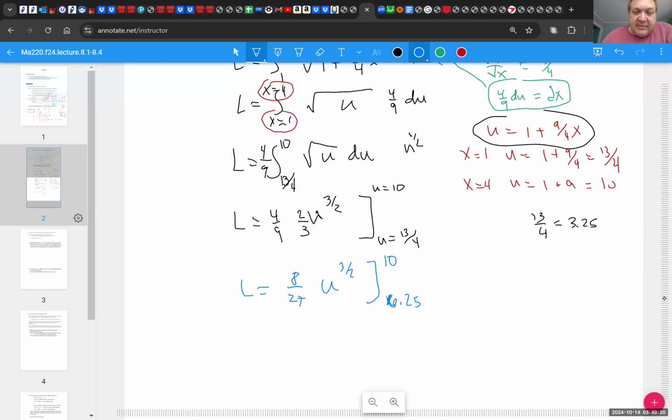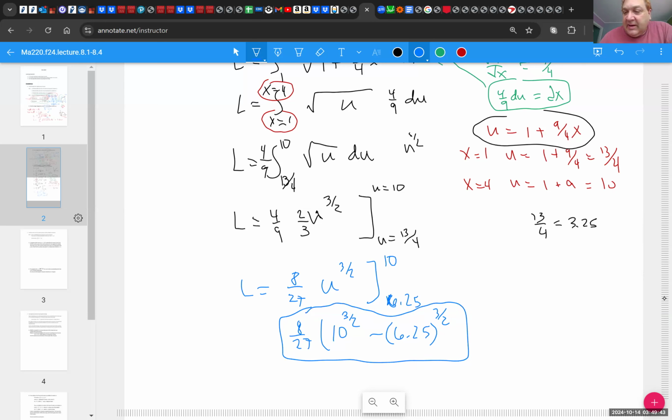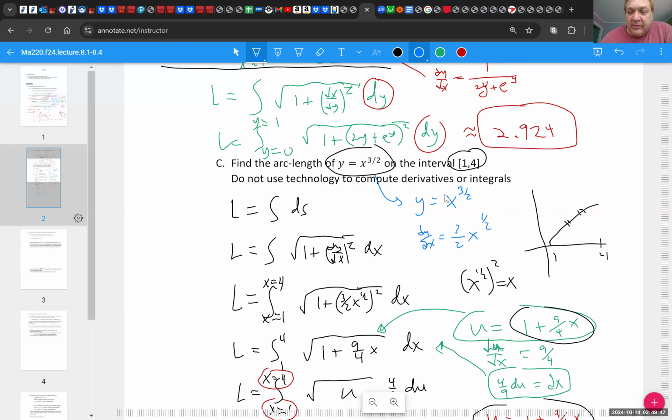Okay, so that's going to be 8/27 times 10 to the 3/2 minus 3.25 to the 3/2. And I could use a calculator to get a decimal approximation because the directions do not say I can't use technology at all. It just says don't use technology for the derivatives or integrals.